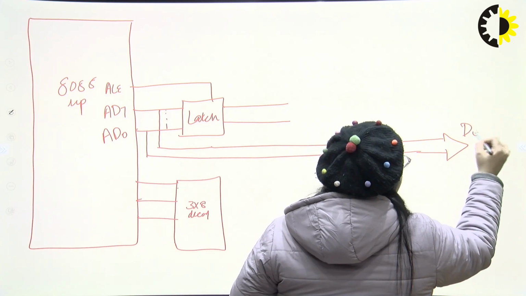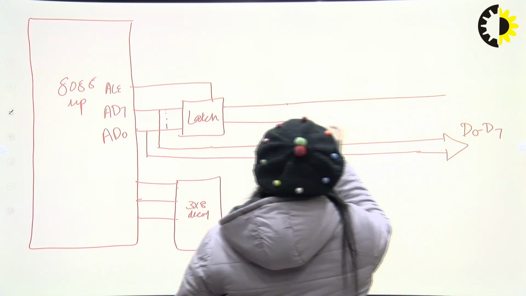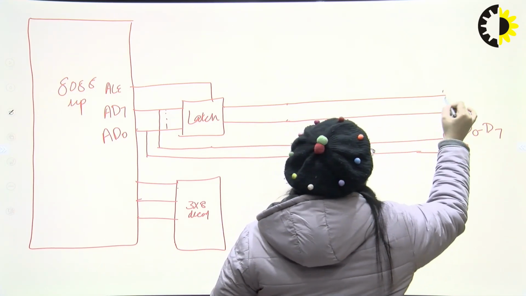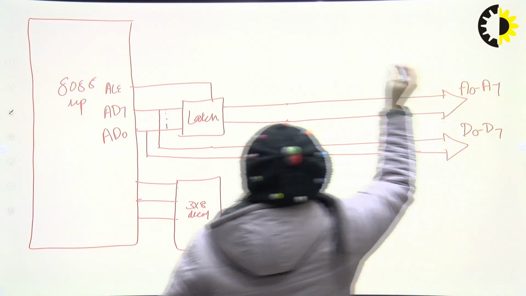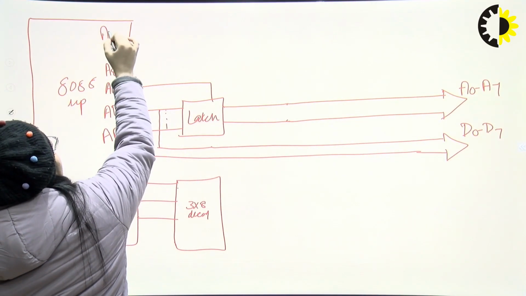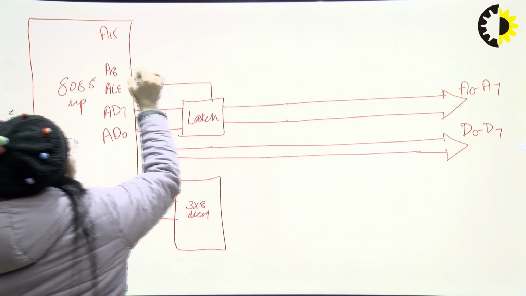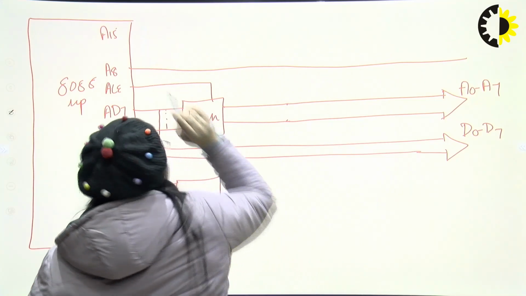These are my data lines, and with this latch I can have my address lines, and remaining address lines will be here from A8 to A15.